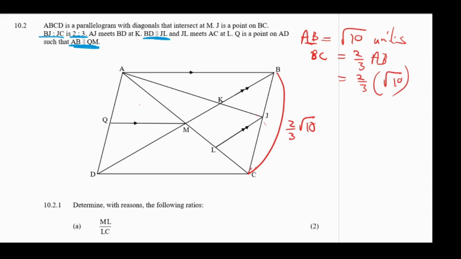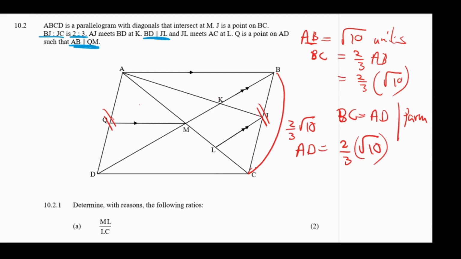And remember that this BC is equal to this AD. So BC equals AD. The reason you can say PEM, parallelogram, right? That's your reason. So meaning that AD is equal to 2 over 3 root of 10, right?